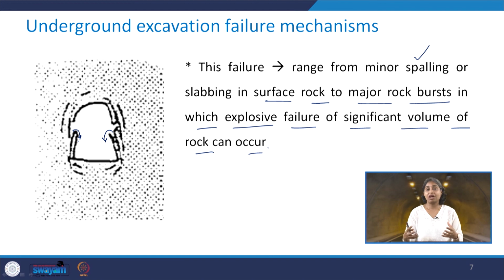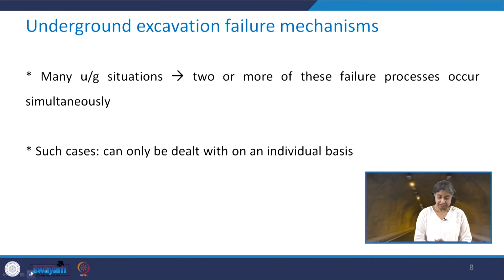In case you have hard massive rock masses, the rock burst creates violent failure of a significant volume of the rock, and that is really very dangerous because it does not give us any signal before the failure. The failure just happens.